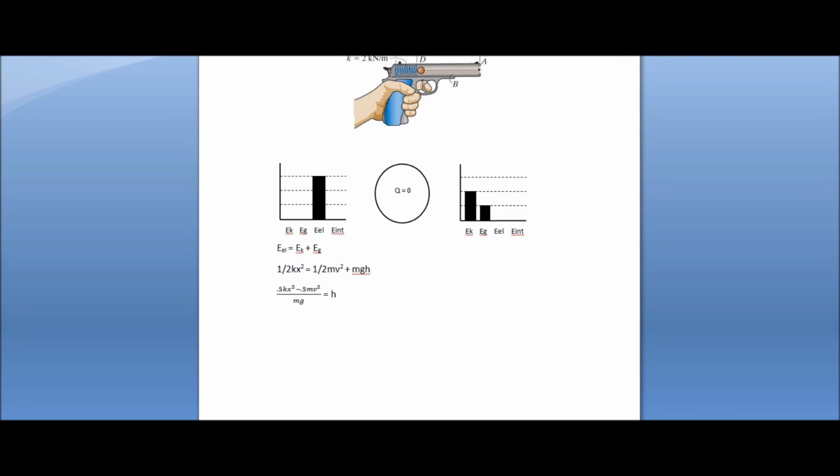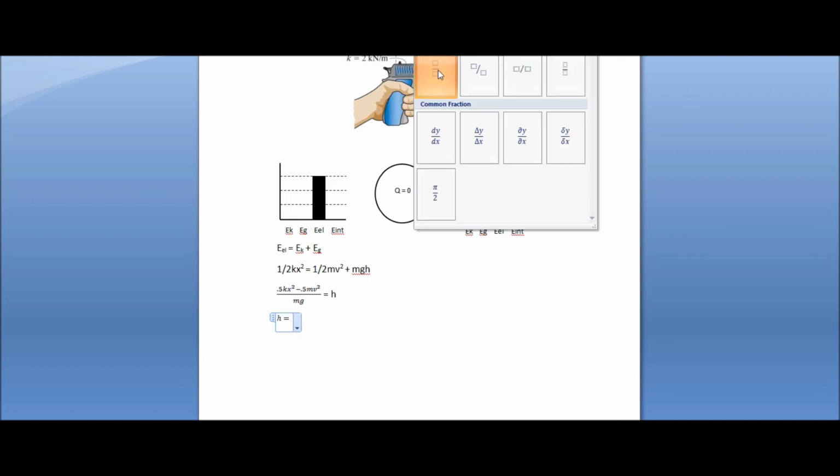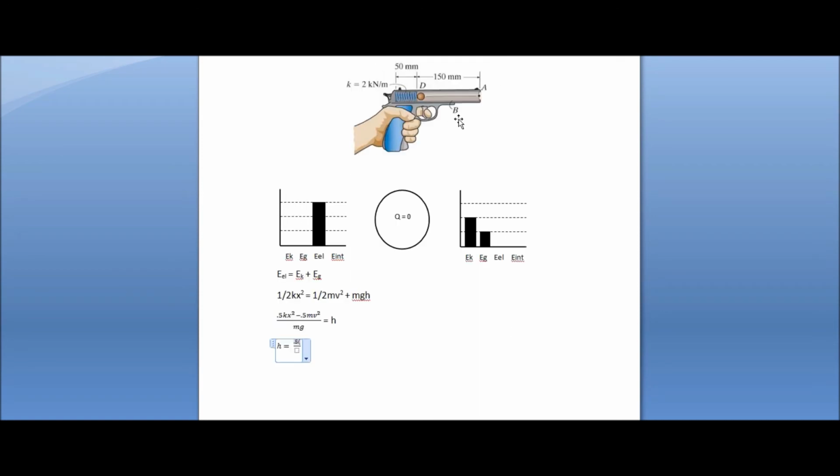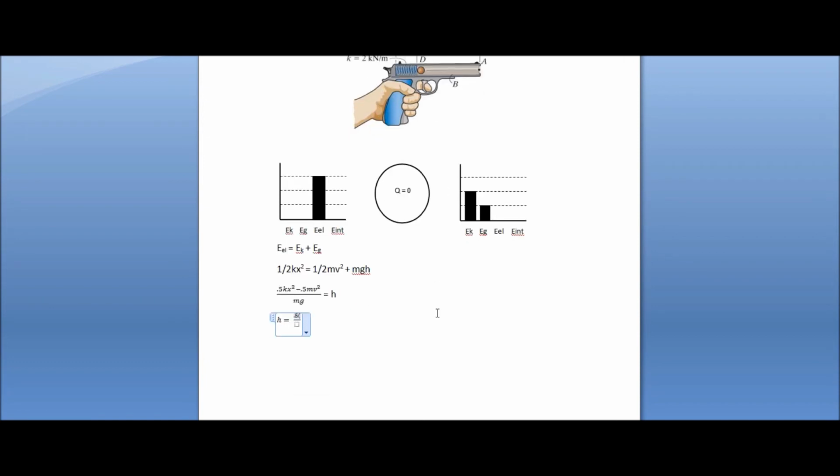So now it's a matter of plugging everything in. H equals, and then we're going to end up with a fraction. 0.5, let's see what k is. K is 2 kilonewtons per meter, so that's 2,000, times something squared.